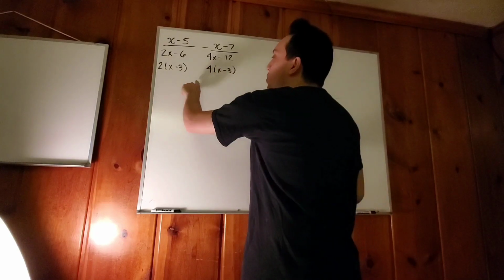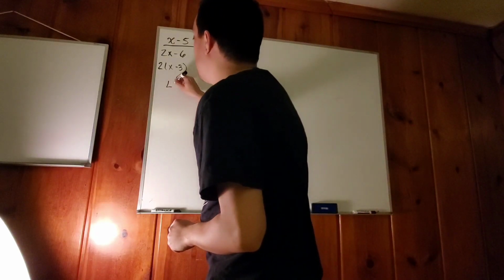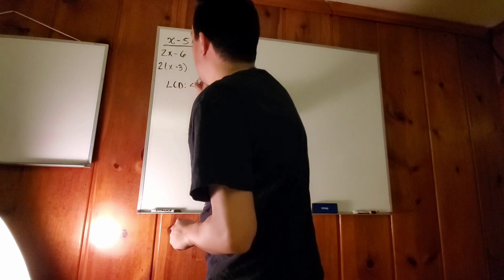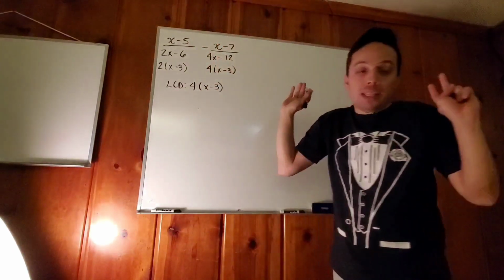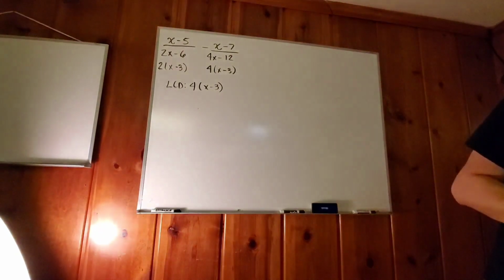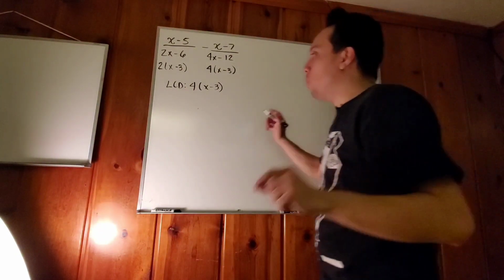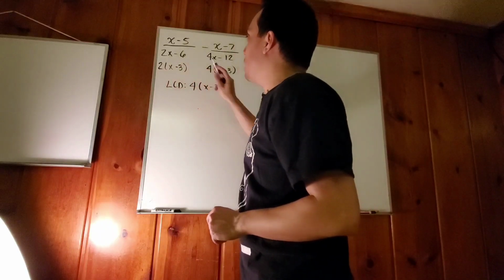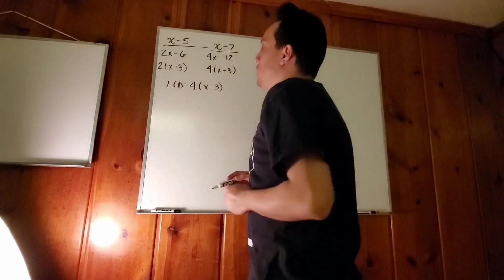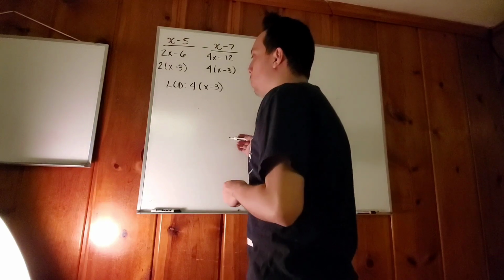And so in here it's actually a little bit easier because 2 is a factor of 4. So what we need to understand is that the least common denominator here is going to be 4 times x minus 3. That's it. That's all we need to know. Why? Because if we multiply this by 2, we get 4 times x minus 3. So that's what we're going to do.